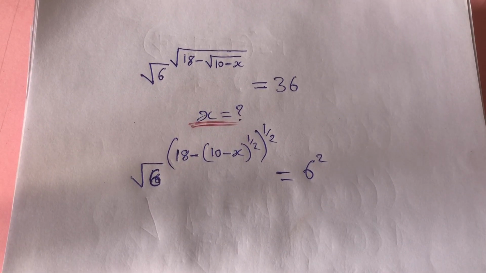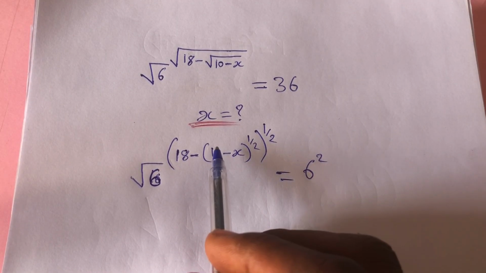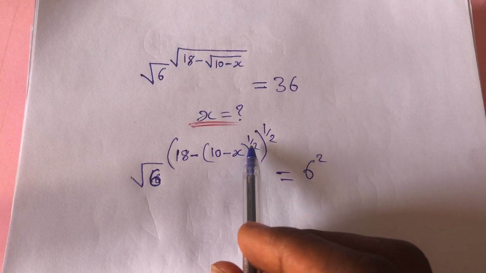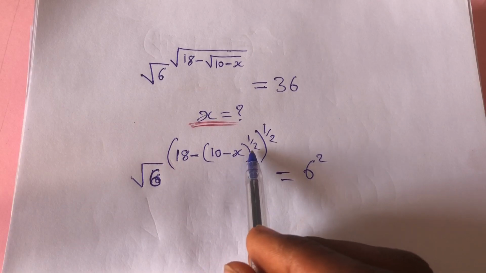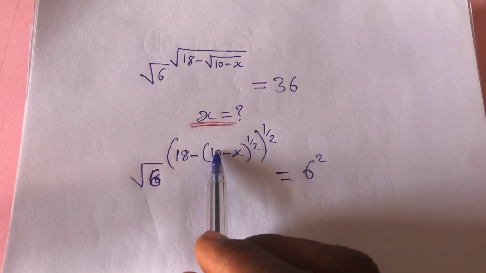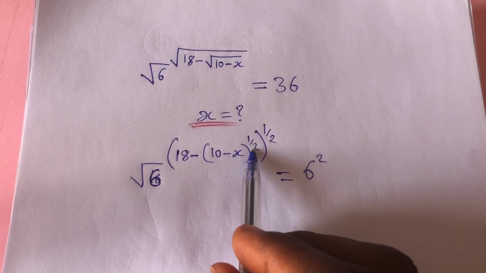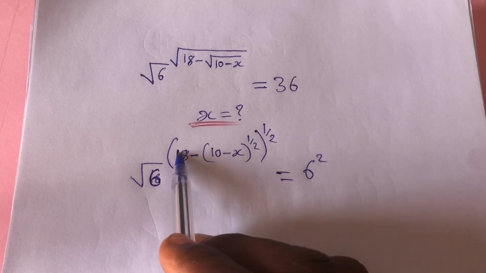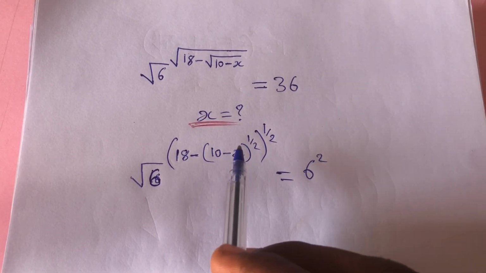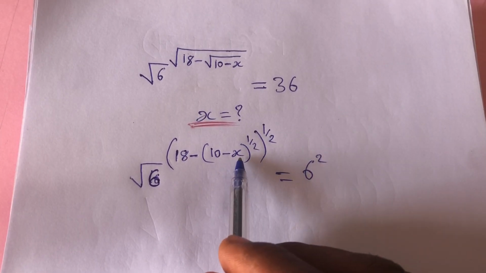Here, we're not going to distribute this for now. We're going to leave it like this, and this one also we're not going to distribute. We're going to leave it the way it is so that we shouldn't make mistakes.